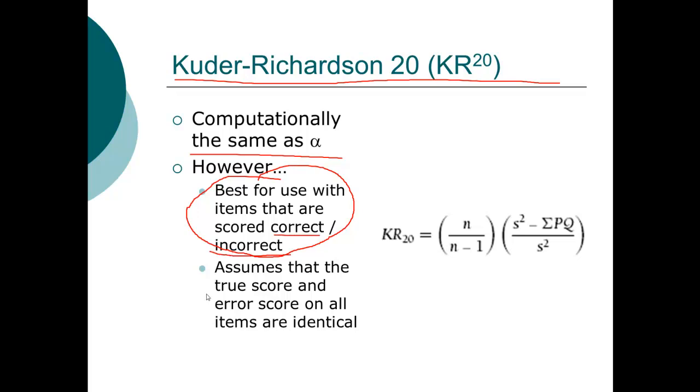Remember, Cronbach, there's no right or wrong answer. This one is. Now, big assumption. It assumes that the true score and the error score on all the items are identical. Now, that's a big leap of faith, but that's what you got to do in order to run your Kuder-Richardson.